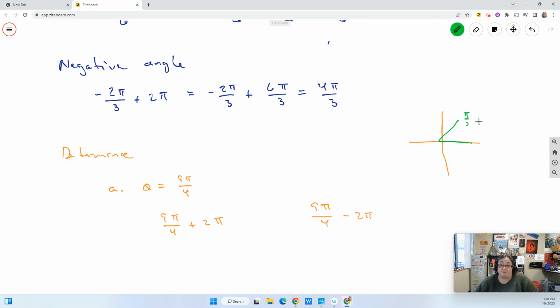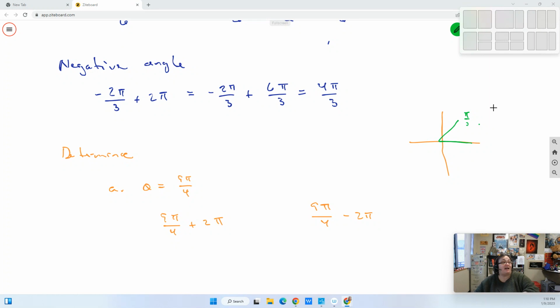So if I have pi over 3 and I add 2 pi to it, I'll have what seems like a bigger number, but it's still going to take me right back to pi over 3. And that is how I can always have a positive and always have a negative.